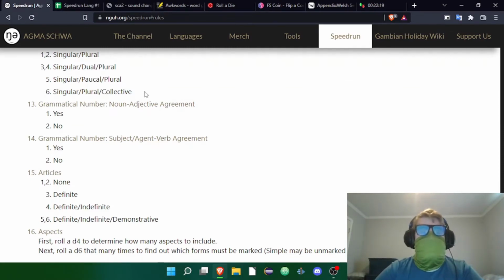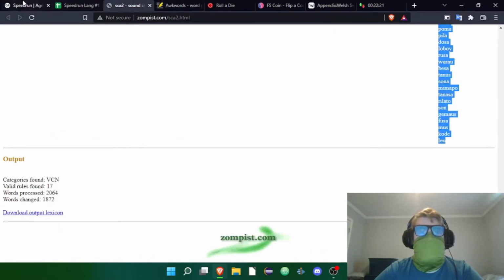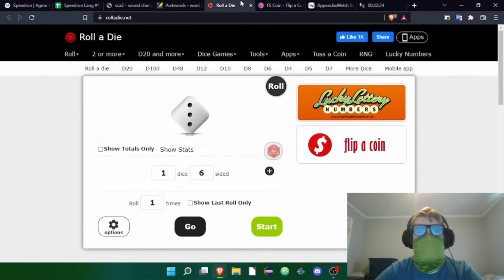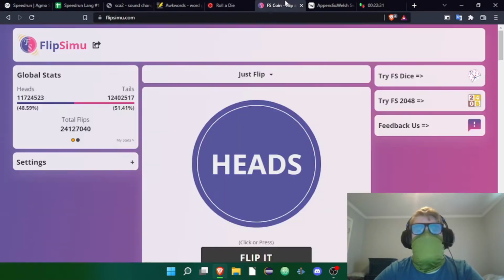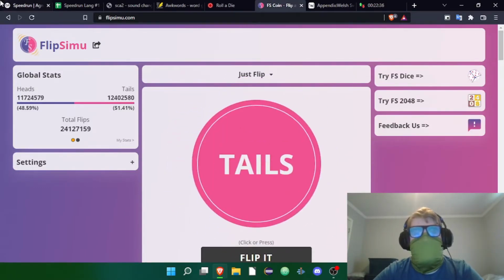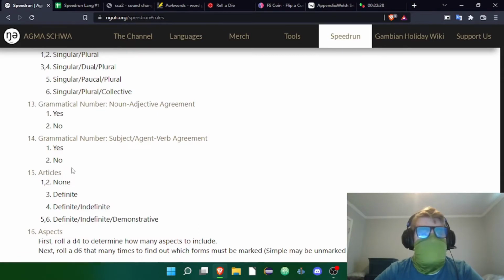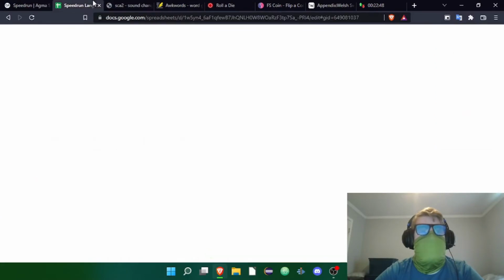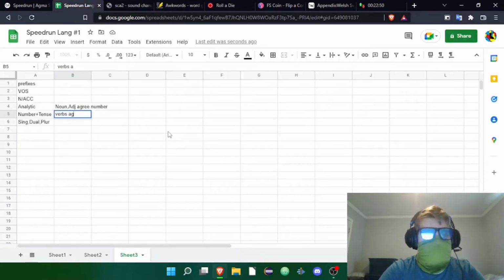Next, do we have subject, agent, and verb agreement? Let's flip the coin again. Tails, that means we don't, which means that our verbs will agree with the object. So verbs agree with the object.